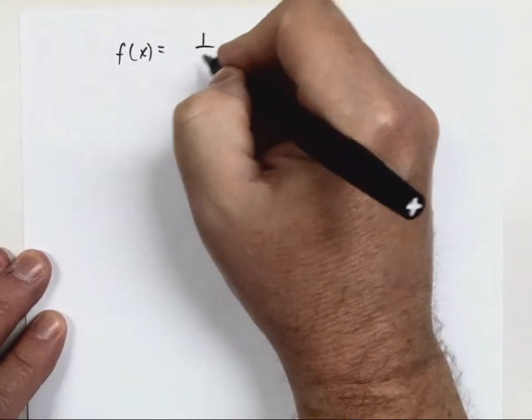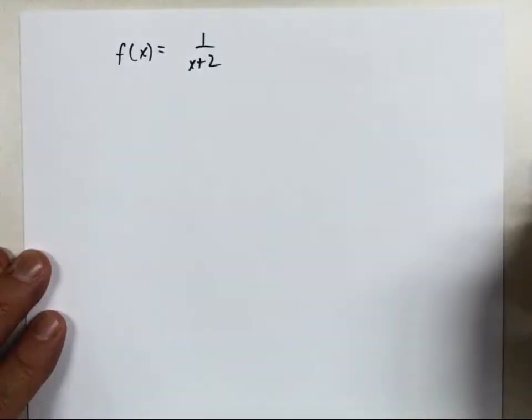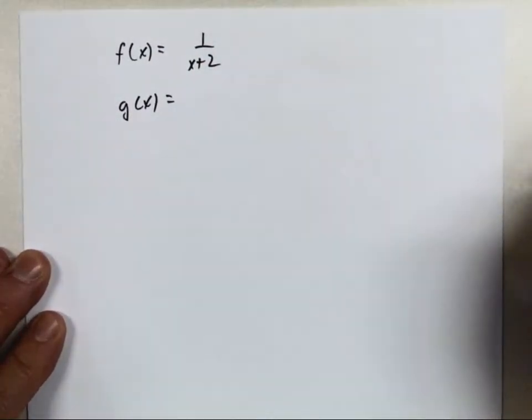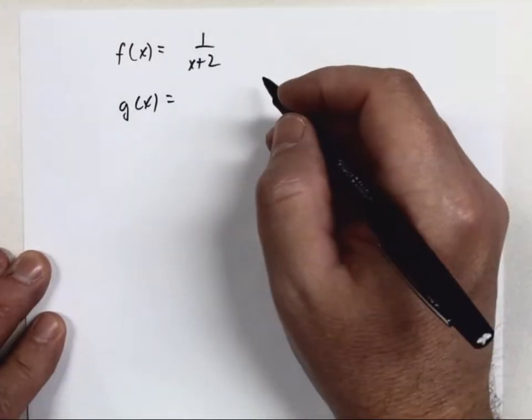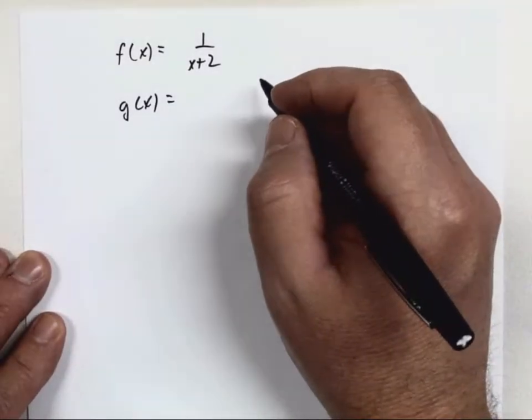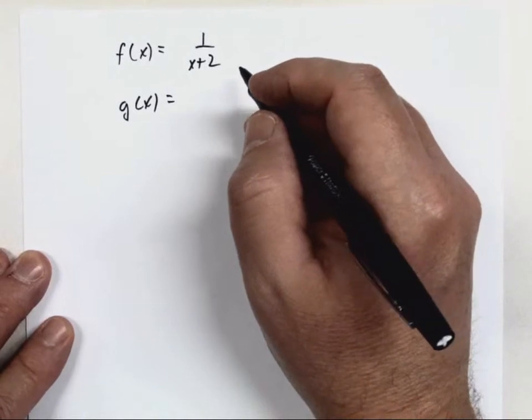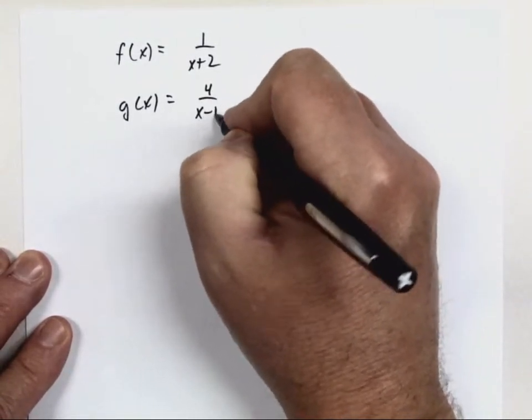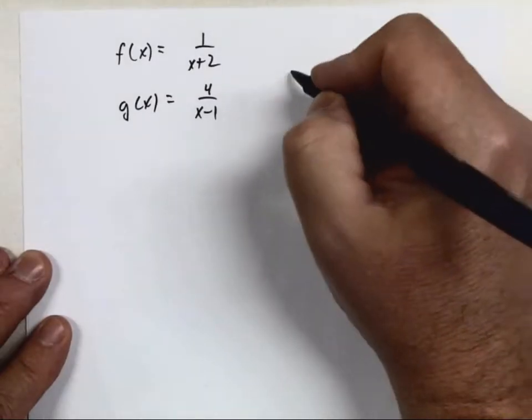F of x is 1 over x plus 2. G of x is 4 over x minus 1.